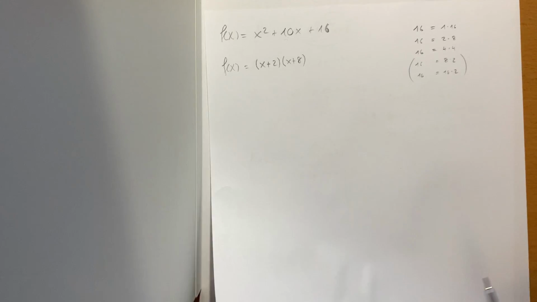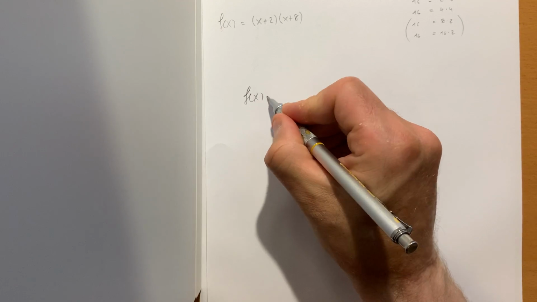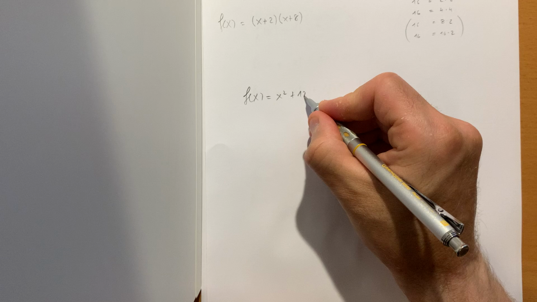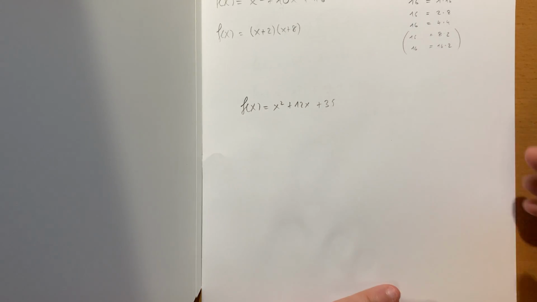Okay. So the next one we had before was f of x equals x squared plus 12x plus 35. So here it's the same thing.